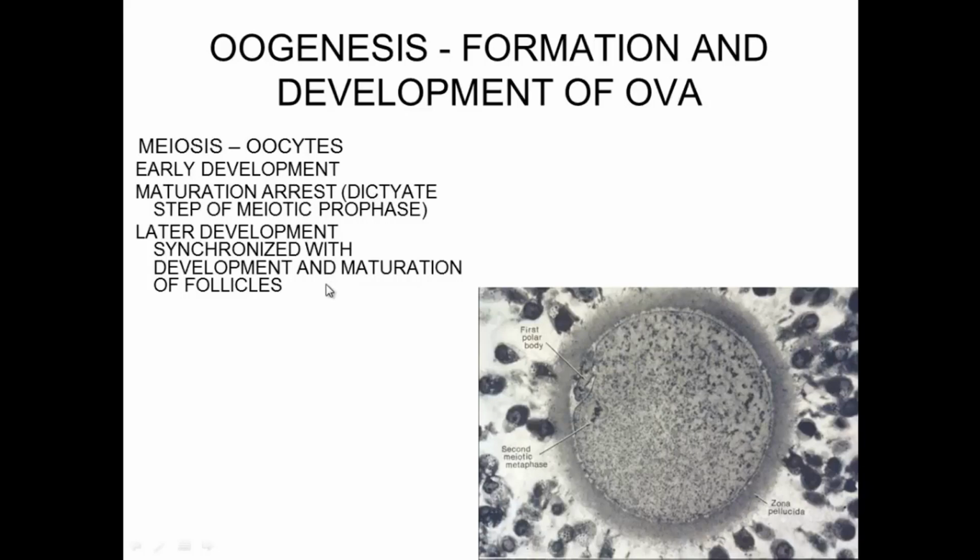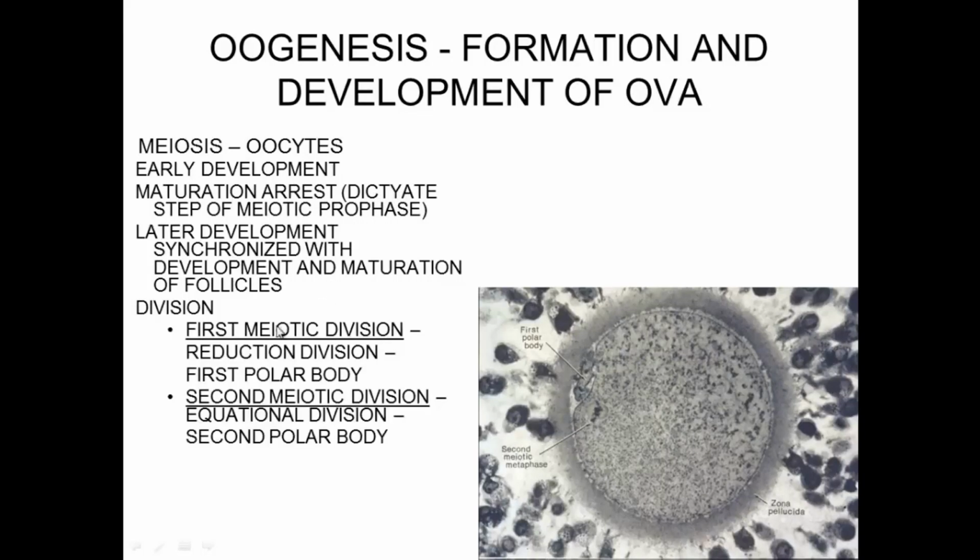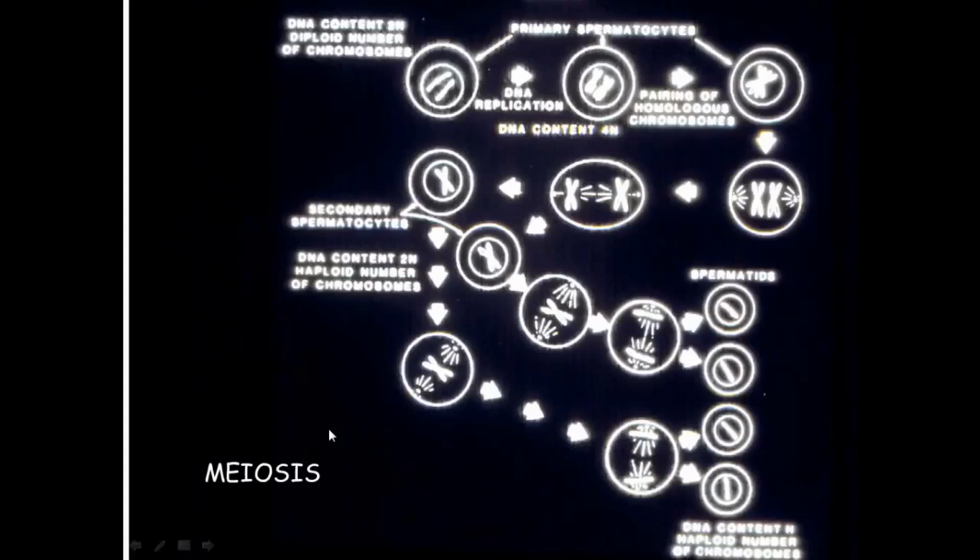But if it's called upon, it will re-enter meiosis. And you get the first meiotic division, there's a polar body, and the second meiotic division occurs if fertilization has occurred. So in meiosis, what we have is chromosomes from mama and papa. They're duplicated for the first meiotic division.